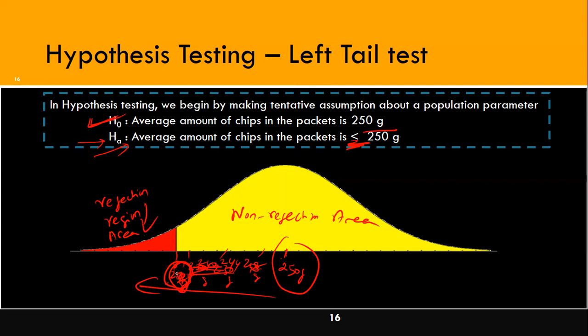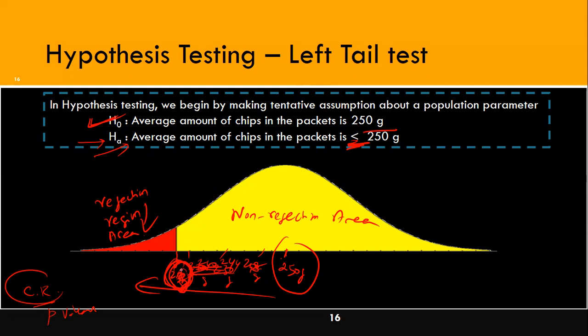Now the question is, how do we decide this? We have something called critical region. We need to determine the critical region, but critical region is the conventional, older way of determining this. Now we use p-value. We'll discuss this later. Just remember that either based on the critical region or the p-value we are going to reject it.